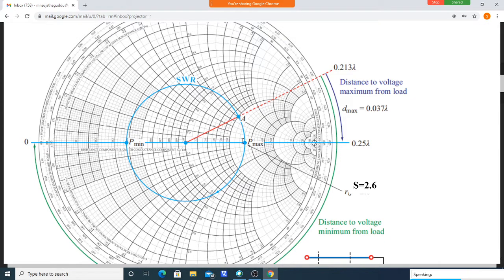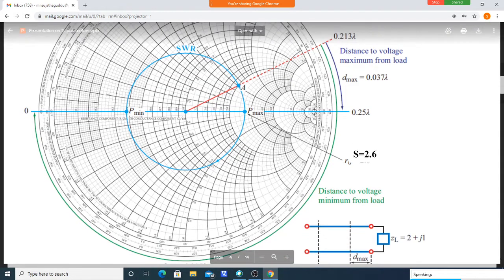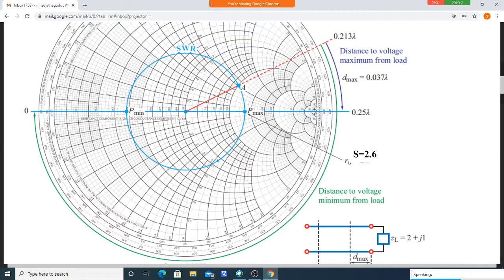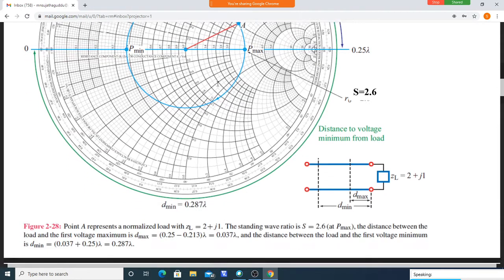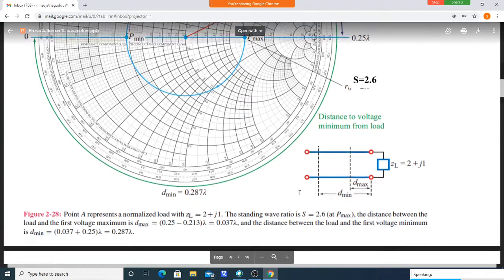For R maximum, just read the resistance value here, and for r minimum read the resistance value here. Okay, 0.5 here, multiply that by z naught. So you can easily measure all those values: minima distance, maxima distance, r minimum, r maximum, and VSWR for this one problem.